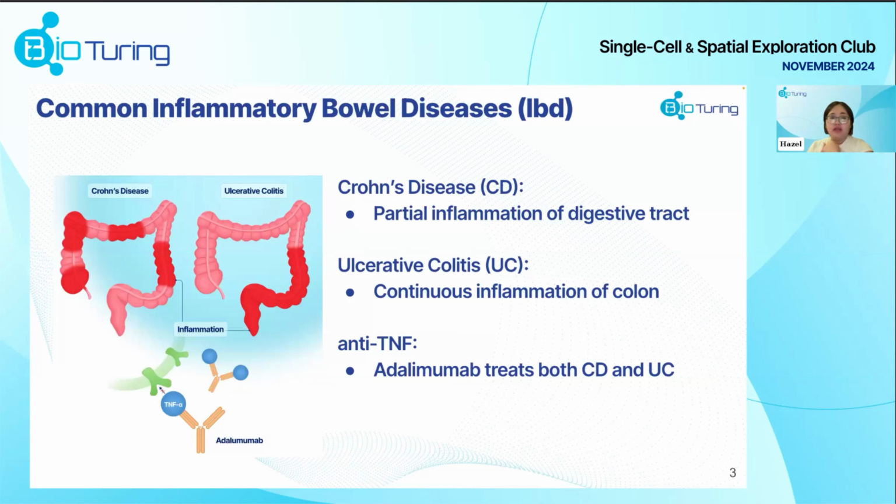Right. And then my second question is about the treatment that you mentioned, adalimumab. Can you elaborate on how this drug or treatment works to suppress the inflammation in IBD patients? Yeah, so this anti-tumor necrosis factor is an antibody. It basically reduces inflammation within these inflammatory bowel diseases.